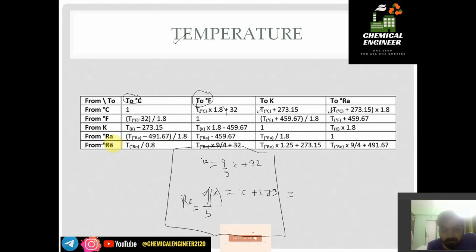Similarly, from Rankine to degree Celsius, we divide by 1.8 and subtract 491.67. Where does 491.67 come from? It is nothing but 273 plus 32, after manipulation. No need to worry about that, but you should remember these equations for temperature.